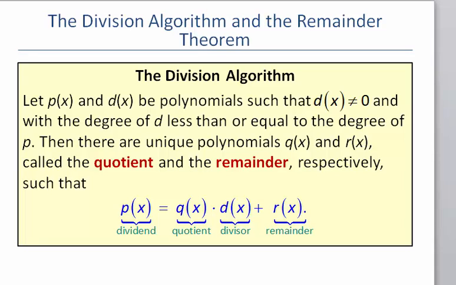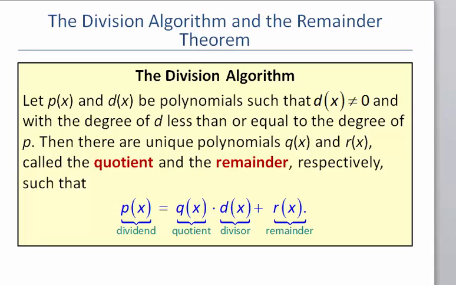Now, basically what they are doing here is simply defining the terms quotient and remainder. Let's do this with a simpler example so that you can see how these terms relate to one another. So I'm going to step away from a polynomial right now and go to what we know about regular numbers and division.